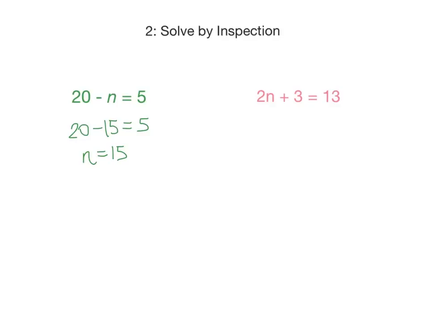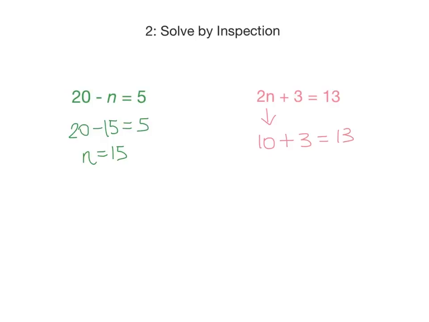Some equations are a little bit more difficult to solve by inspection. If we look at the one over here, we simply can't determine what n is just by looking at this. We have to do some more work. What we do know, though, is that 10 plus 3 gives us 13.